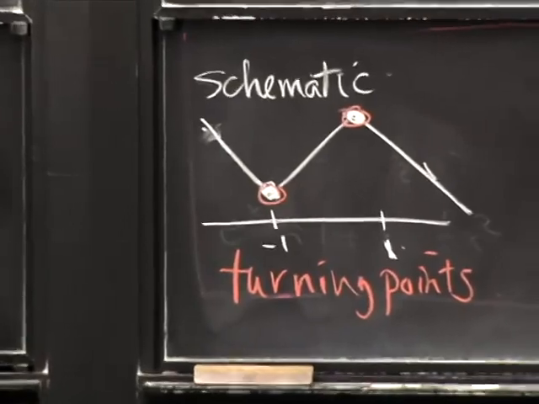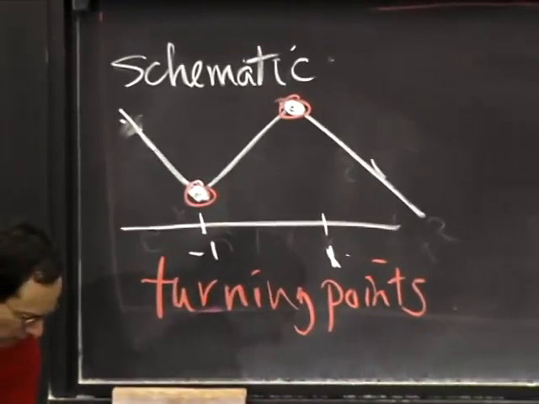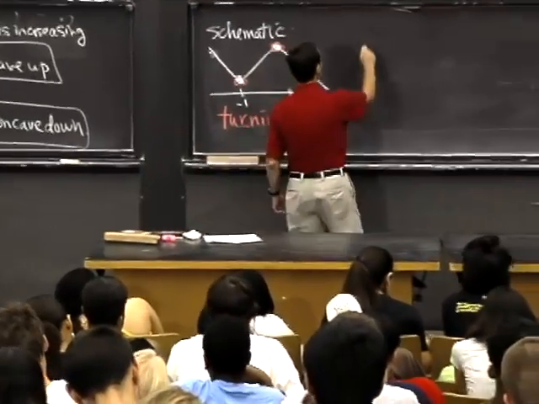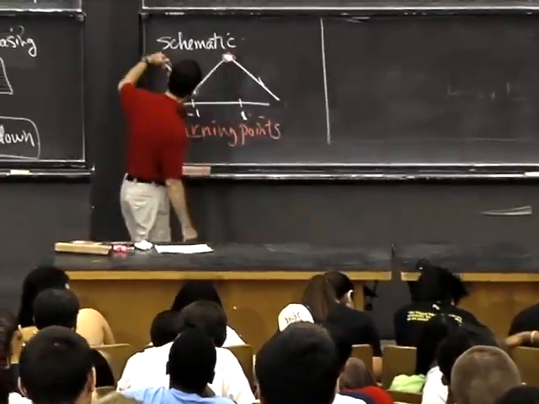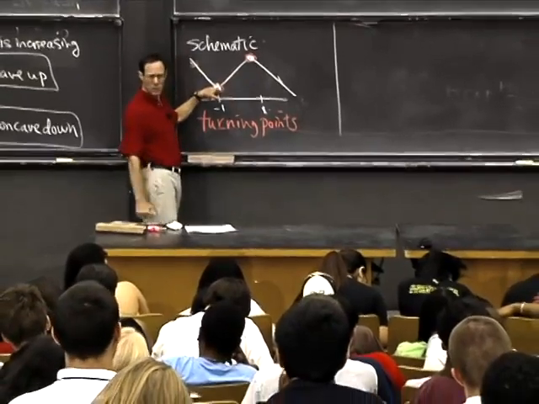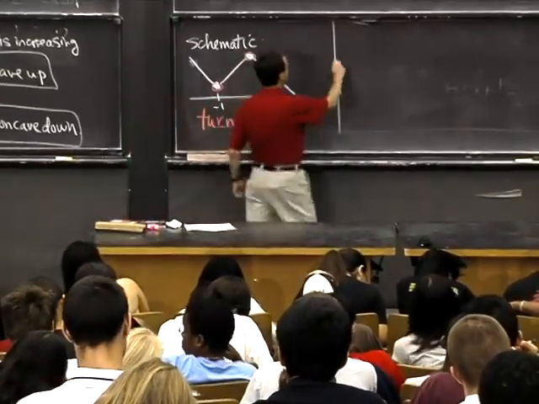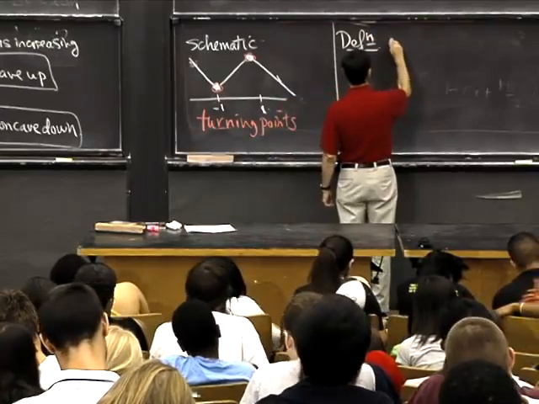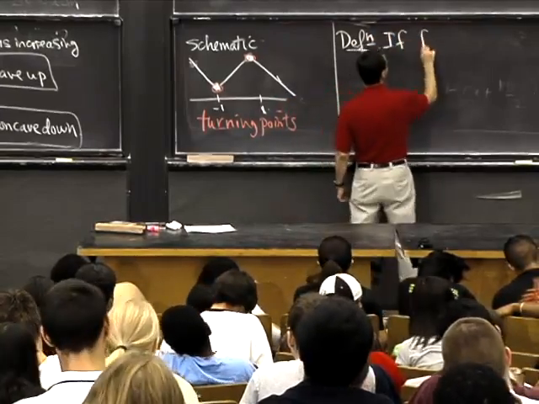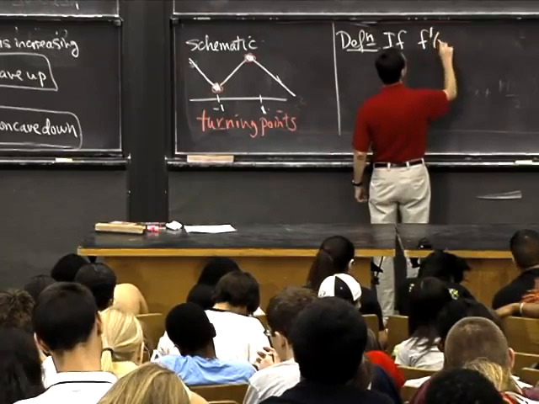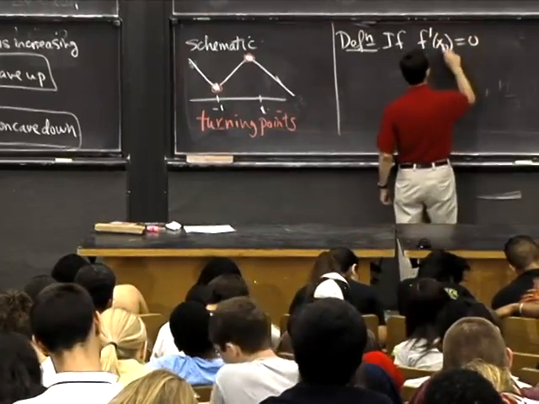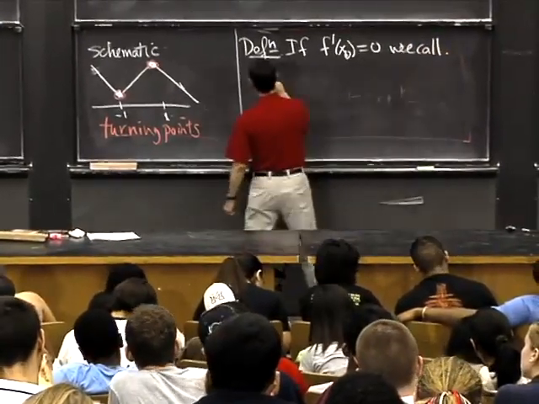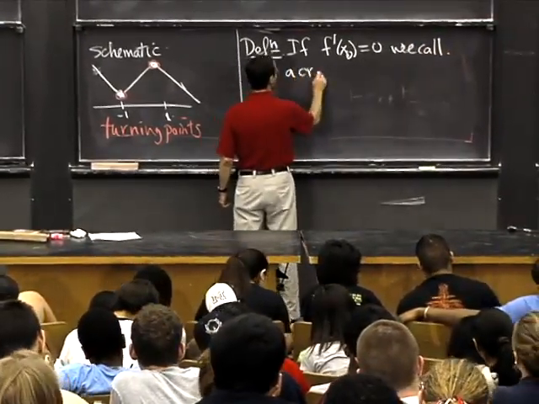Now, what are they? Well, they're just the points where the derivative changes sign, where it's negative here and it's positive there, so there it must be 0. So we have a definition, and this is the most important definition in this subject, which is that if f prime of x0 is equal to 0, we call x0 a critical point.